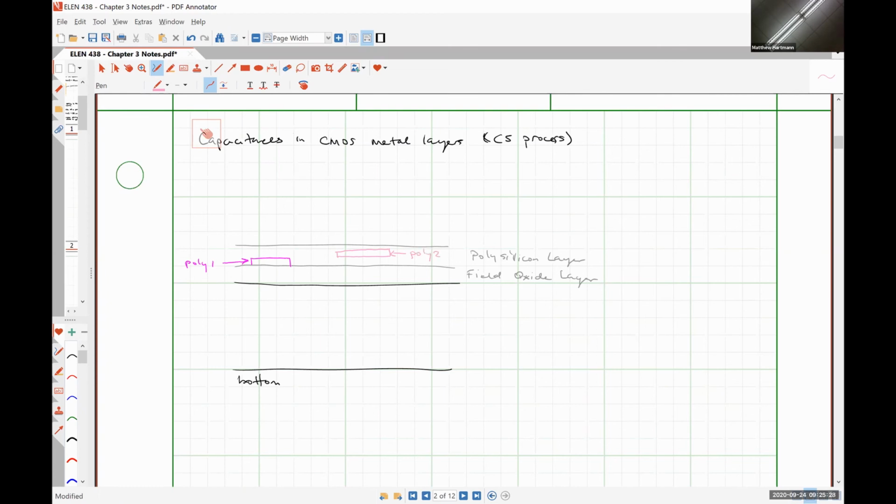And what the poly 2 layer is for, and we'll talk about this in great detail again, I think on Tuesday.